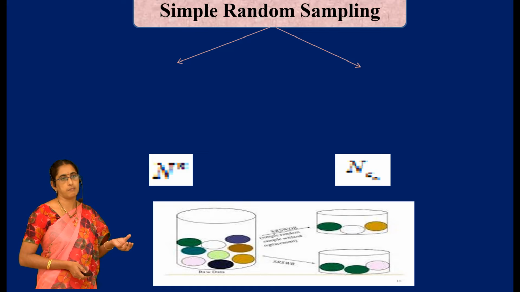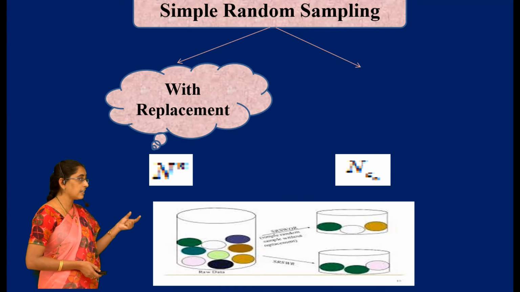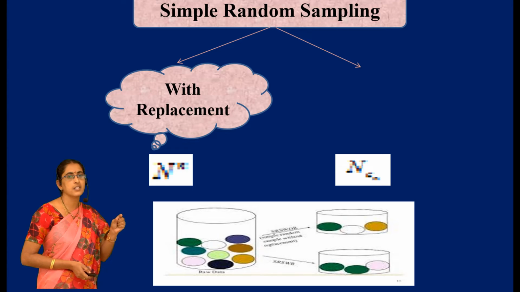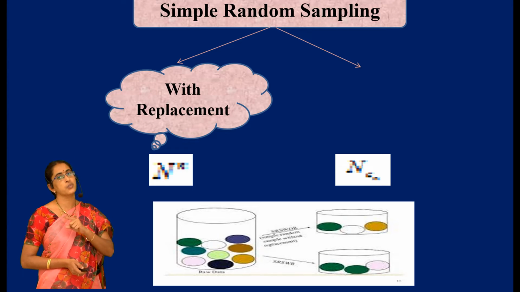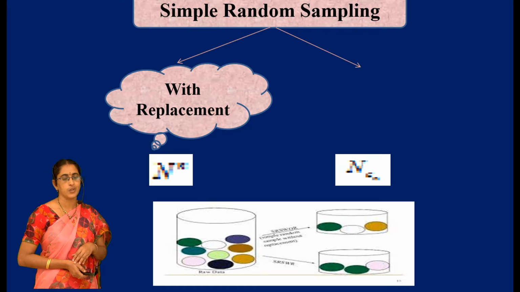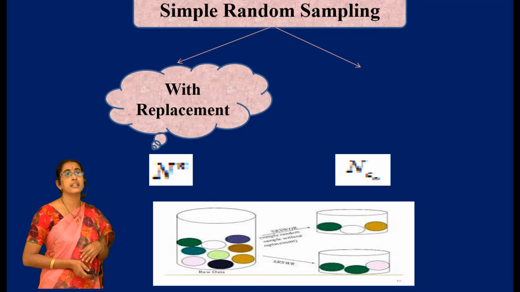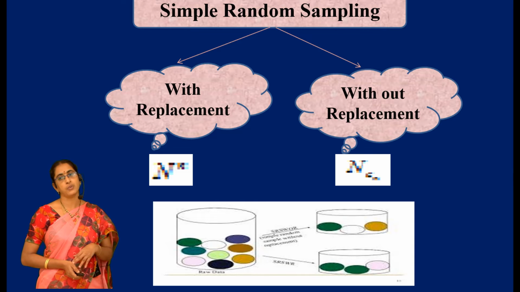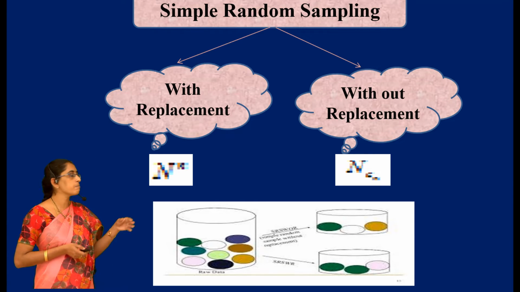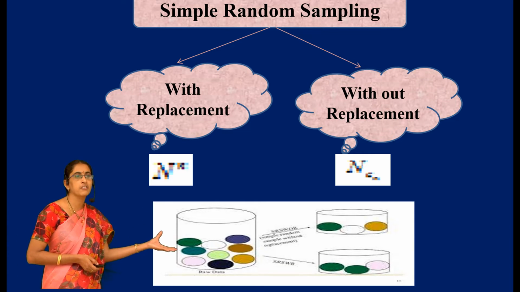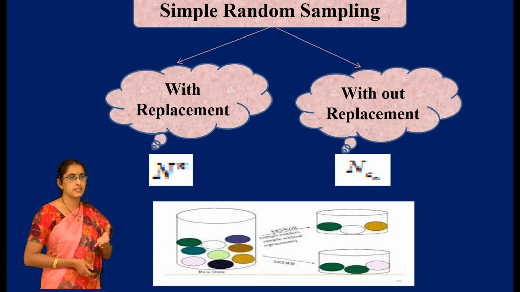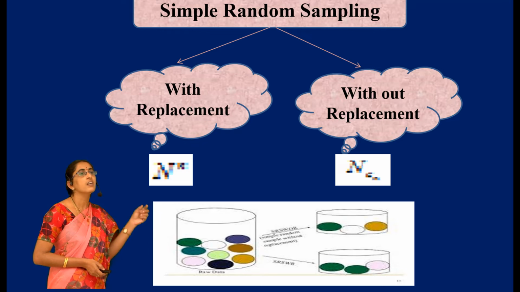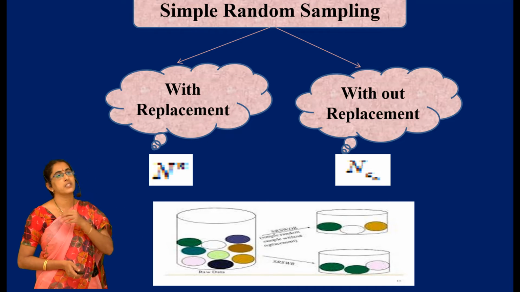We can select the sample repeatedly for many purposes, or once the sample is selected for one purpose, we cannot use it for multiple purposes. So simple random sampling is again classified into two types: with replacement and without replacement. With replacement means we can use the same sample multiple times for different purposes, whereas without replacement means once we have used it for one purpose, the sample cannot be repeated.